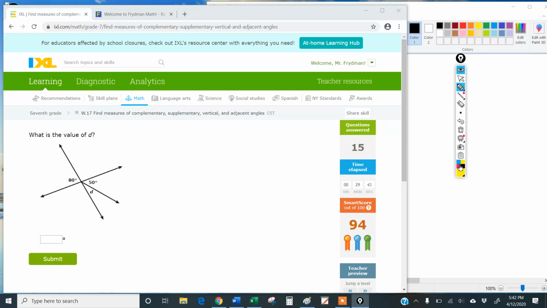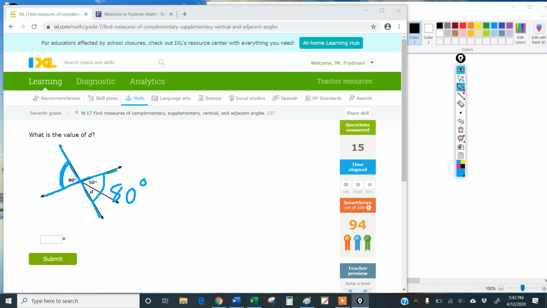So let's just go through it. The first thing that you can see is that this 80-degree angle, if we take this line and extend it this way, and take this line and extend it this way, we see that this angle and this angle are vertical to each other. So they must be congruent, meaning equal. So if this is 80 degrees, then this must also be 80 degrees.